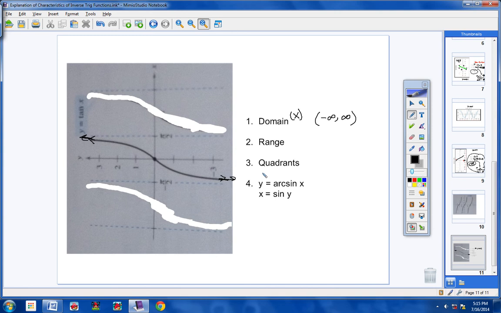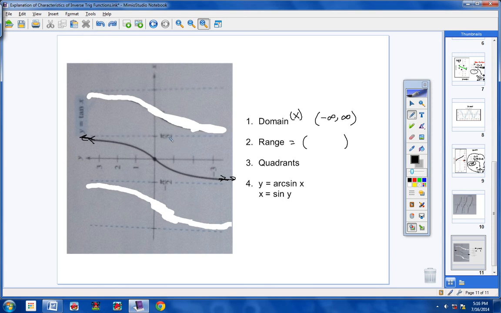Now the range deals with the y-axis, and notice the height of this graph goes to pi over 2. And the bottom goes to negative pi over 2. Now, I want to show you something that's a little confusing, but for the range, you would use parentheses, not brackets, because the graph is getting closer and closer to this dotted line right here, but it's never going to touch the dotted line.